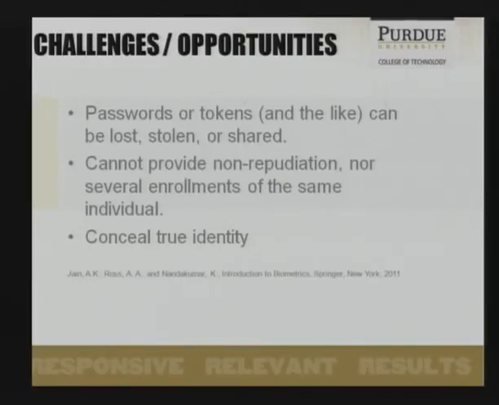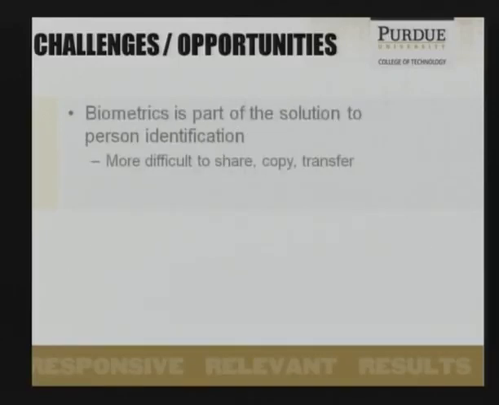And biometrics, to some extent, may have certain issues as well. You might be able to spoof a biometric, for example. So I'm not saying that biometrics don't have any weaknesses, but they all have different challenges and different opportunities within the market space. So if you read the literature, and it's a pro-literature of biometrics, you'll see that biometrics are more difficult to share, copy, or transfer.